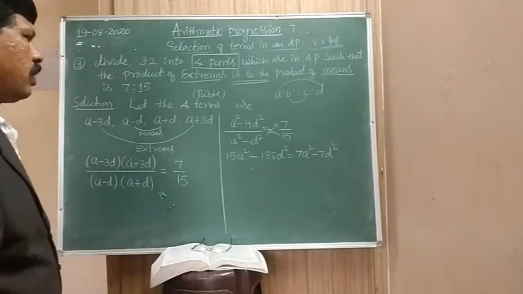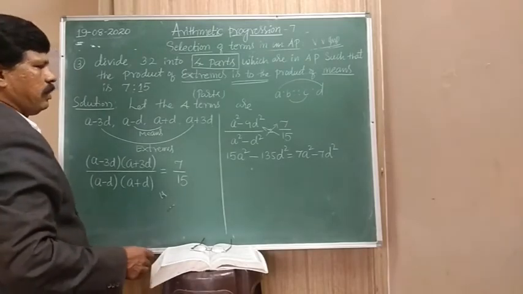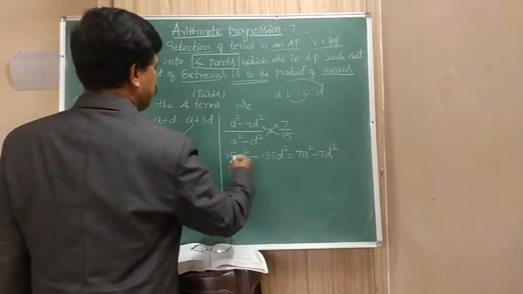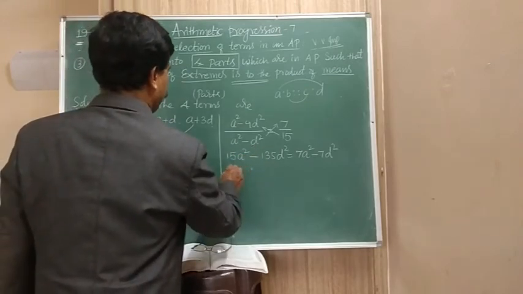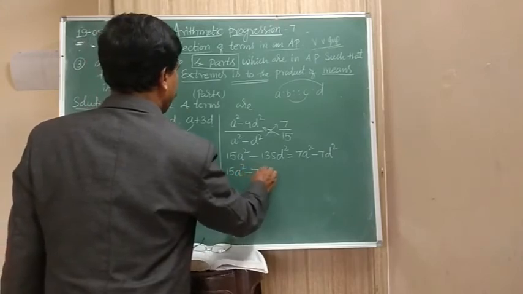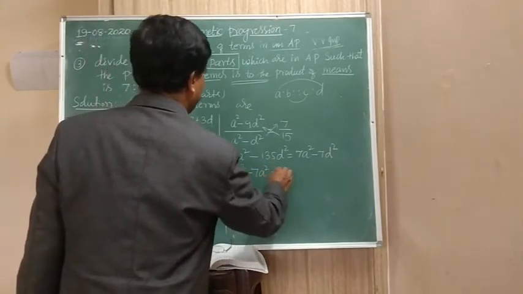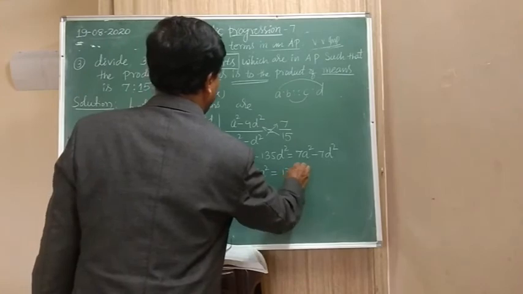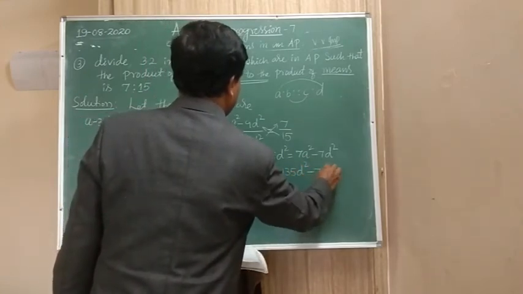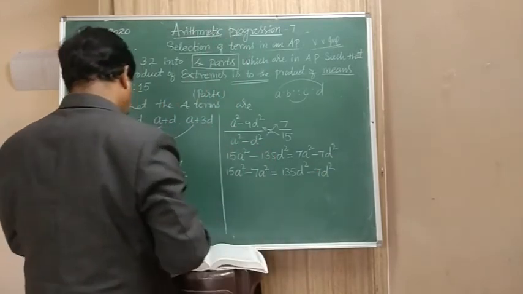Now shift the a square terms to one side: 15 a square minus 7 a square is equal to 135 d square minus 7 d square. Right.